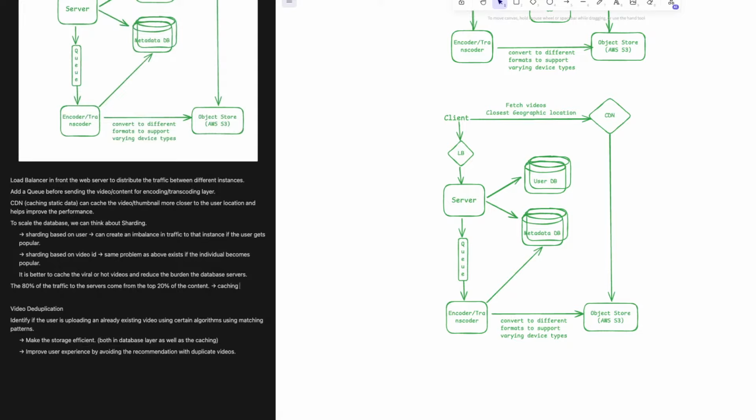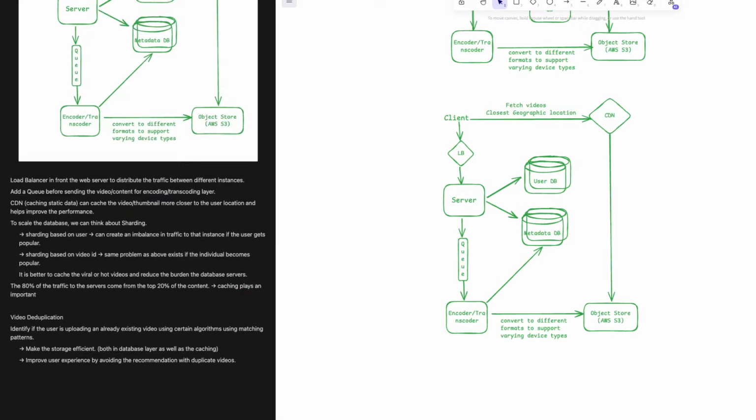It's easier to cache the selected items when we know that only a fraction or only a part of the content is viewed more often. So these things play a role.